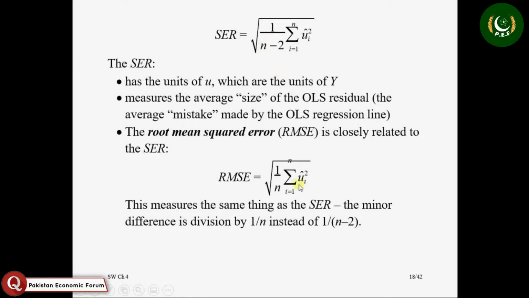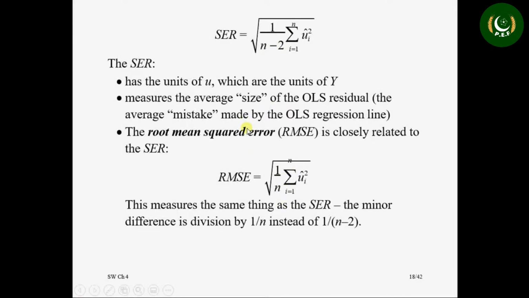If we divide by n, it is called root mean square error. You have the sum of squares of error ui squared, and you divide it by n. So this is the mean square error, and then you take its root. It is called root mean square error. The difference is that here you have n minus 2, and there you have n. If n is large, it doesn't make much difference whether you use root mean square error or standard error of regression, because n minus 2 will be so close to n that the divisors will remain more or less the same.